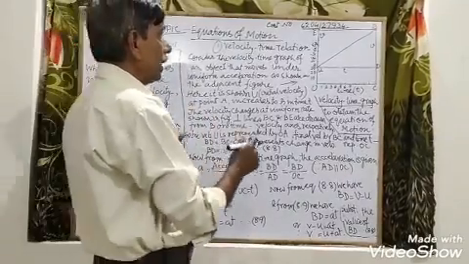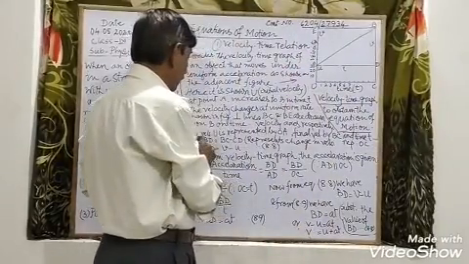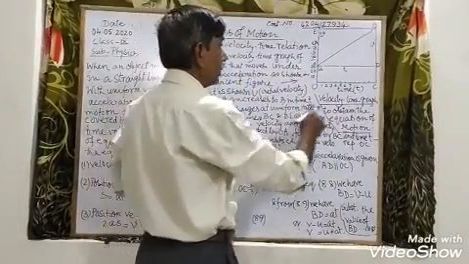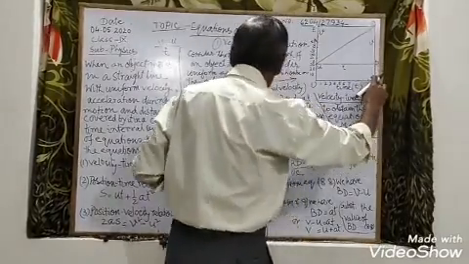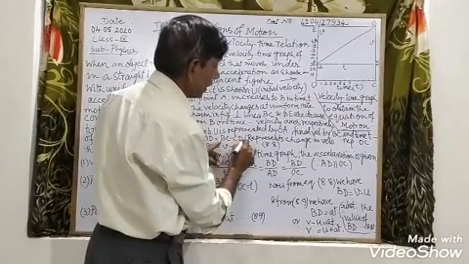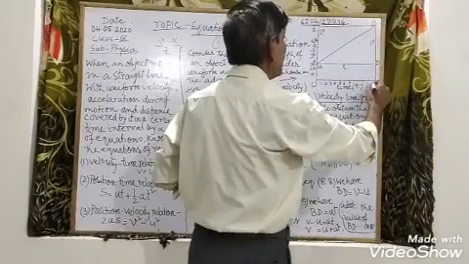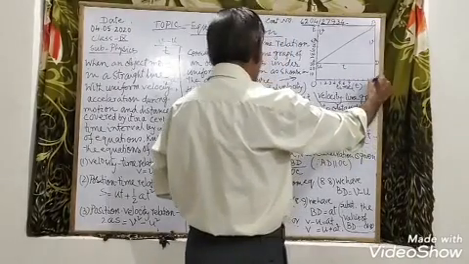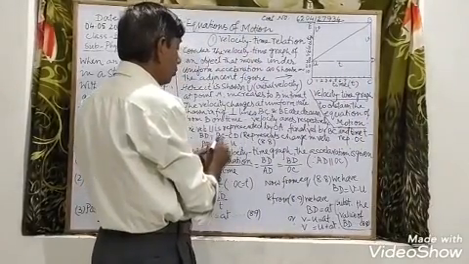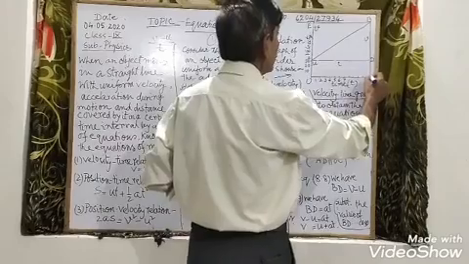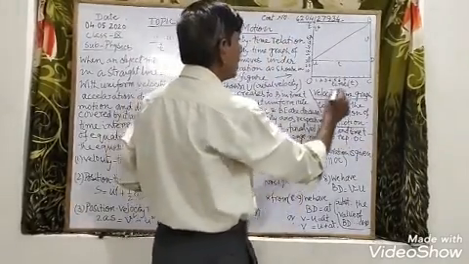Therefore, you can write here BD is equal to BC minus DC. This represents the change in velocity. BD is equal to V, the final velocity, minus CD.